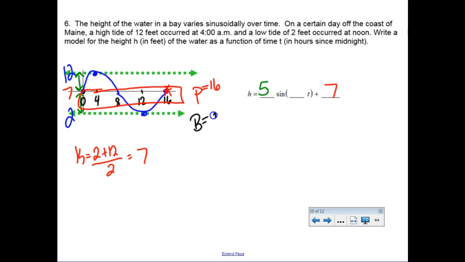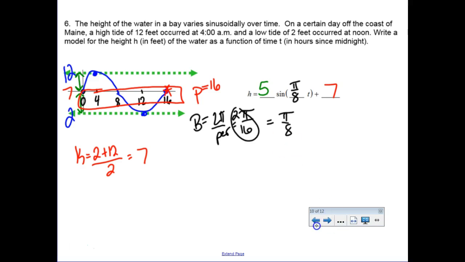B is 2 pi divided by period. So this is the one where the fraction has to reduce a little bit. 2 pi divided by 16, the 2 over 16 cancels to 1 over 8, so it's pi over 8. In these high tide, low tide questions, the B values are going to be funky little pi fractions.